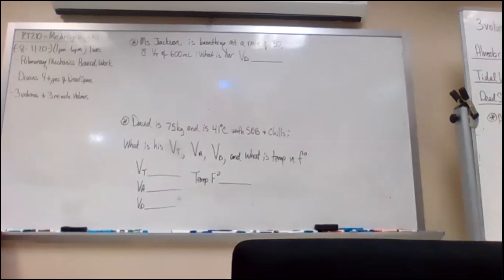All you want to know is what is the dead space volume. So you only pull out what you need from the question to answer the question I'm asking you.